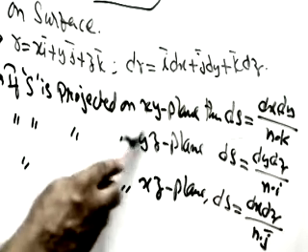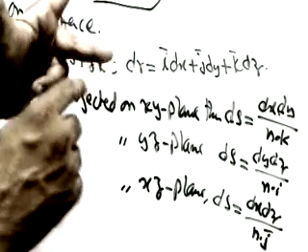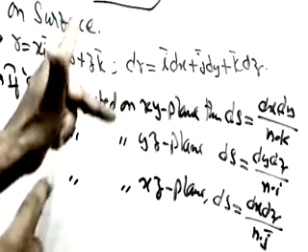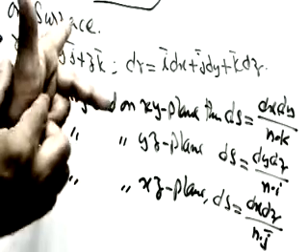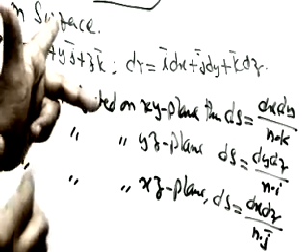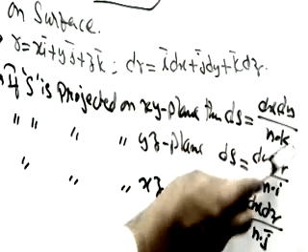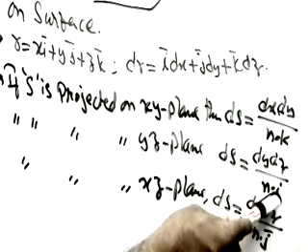If we project on the xy plane, then ds will be dx dy by n dot k, because suppose this is the xy plane, then the perpendicular is k. This is i, this is j, this is k. So always these three are perpendicular.